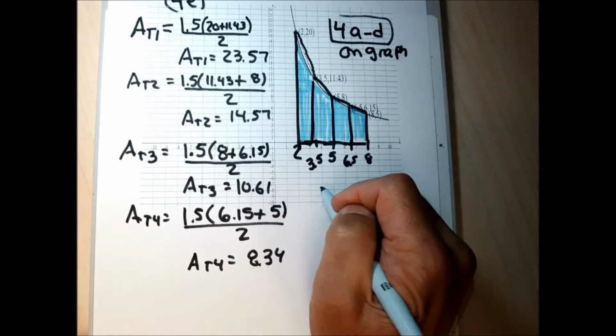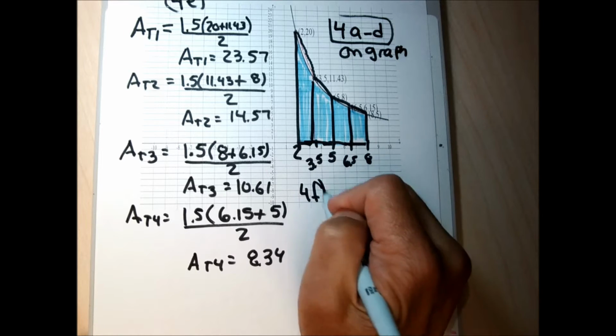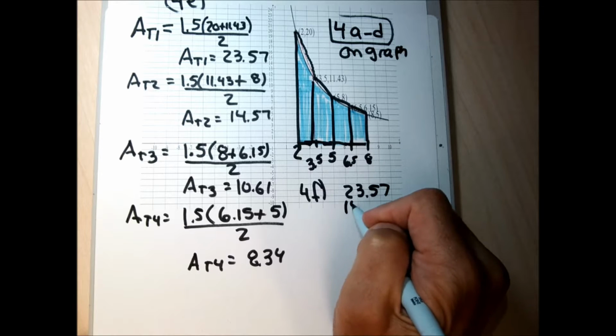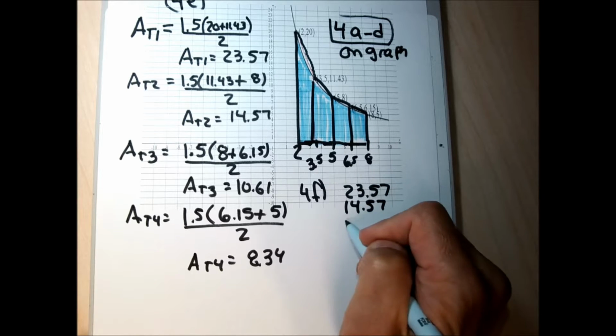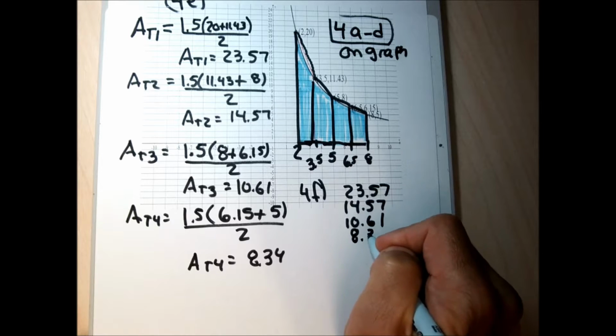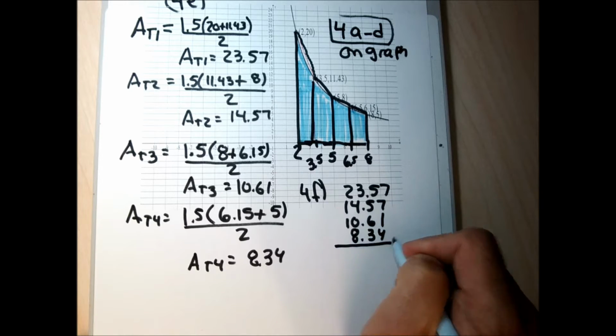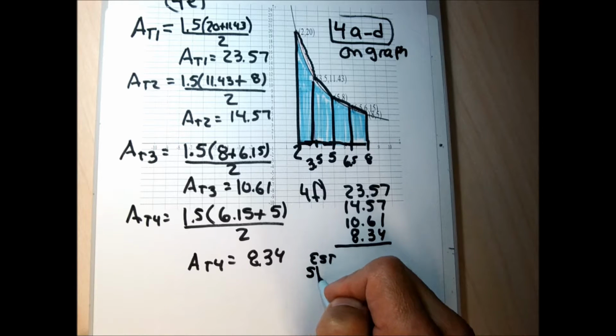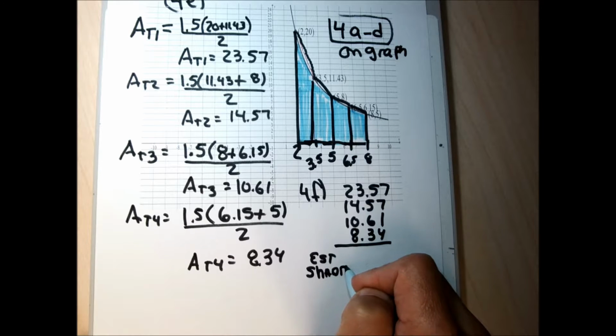So for 4F, I'm just going to go 23.57 plus 14.57 plus 10.61 plus 8.34. And that's going to be an estimate of the shaded area that I shaded. It's going to be an overestimate.